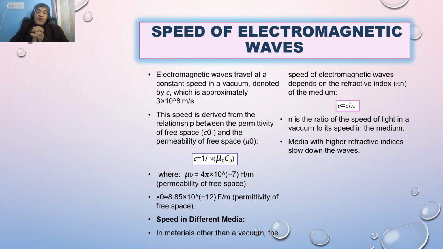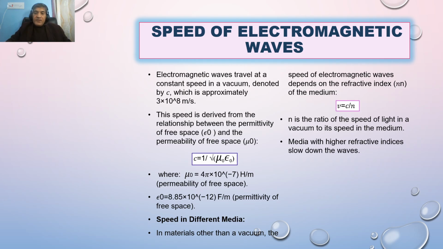Mu naught is the permeability of free space, a constant value, 4 pi times 10 raised to the minus 7, and epsilon naught is the permittivity of free space, which also has a constant value here. So the Maxwell equation gives the connection between these constants and the speed of light. This is all regarding the speed of light in free space or in a material medium.